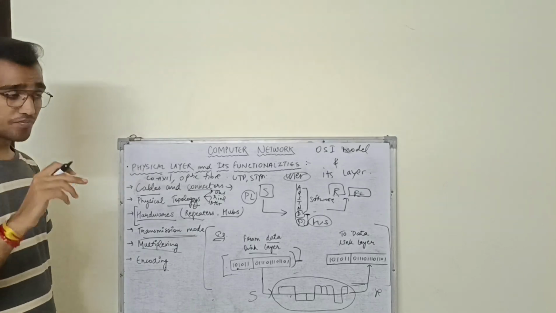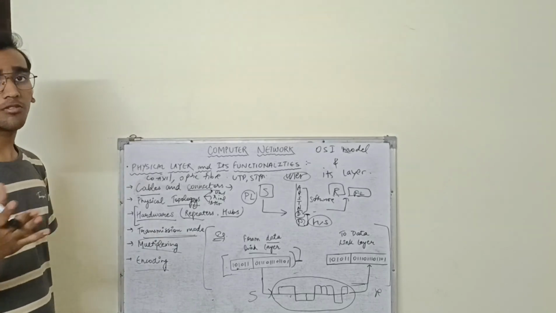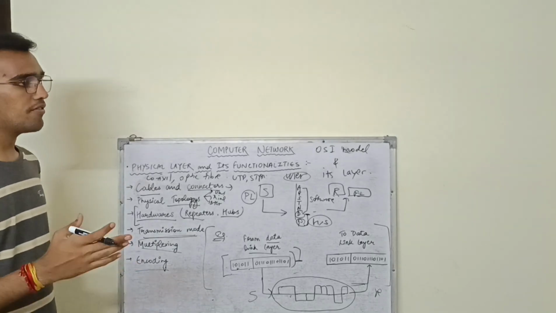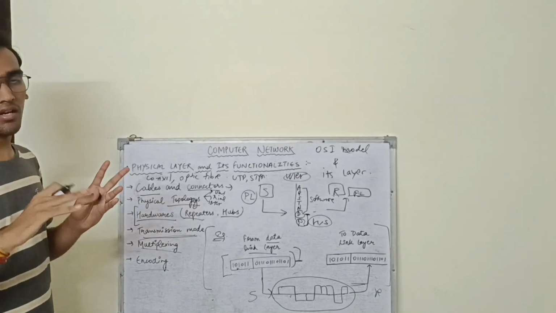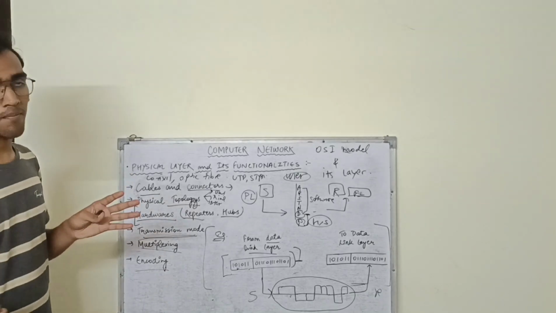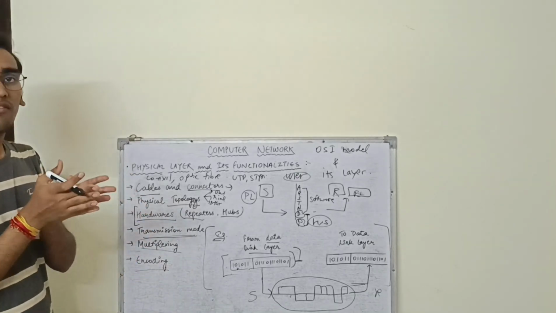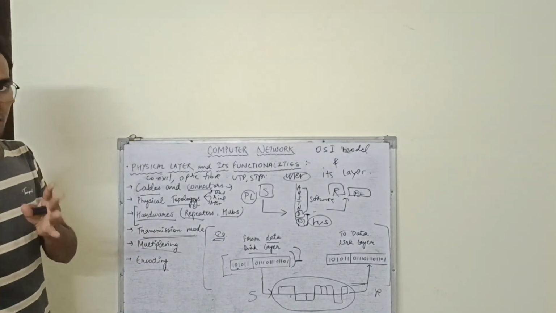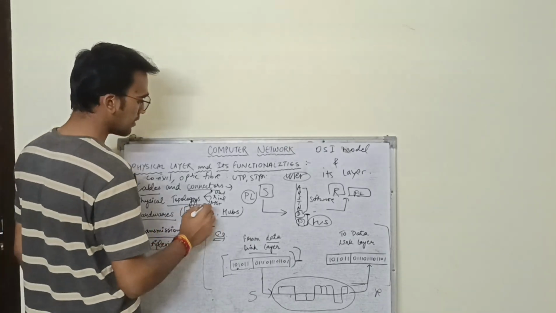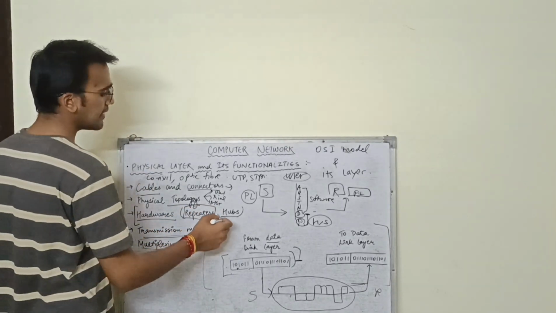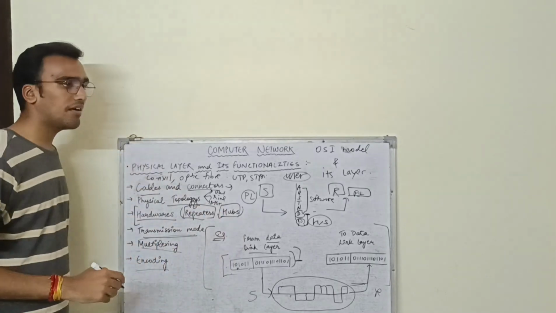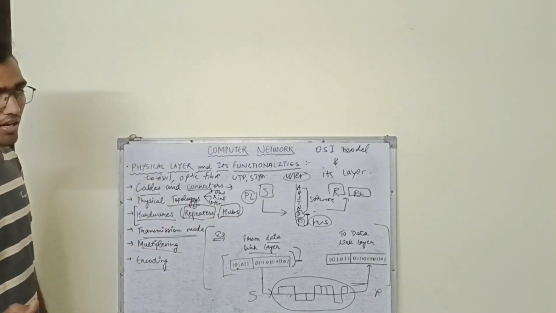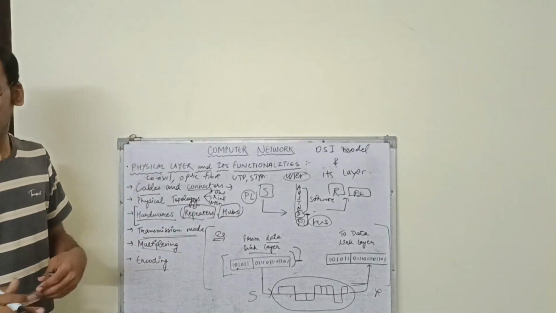Repeaters are used when data is transmitted in a large amount and the signal becomes weak; to strengthen that signal, we use repeaters. A hub basically acts like a server and transmits the data from one part to another.